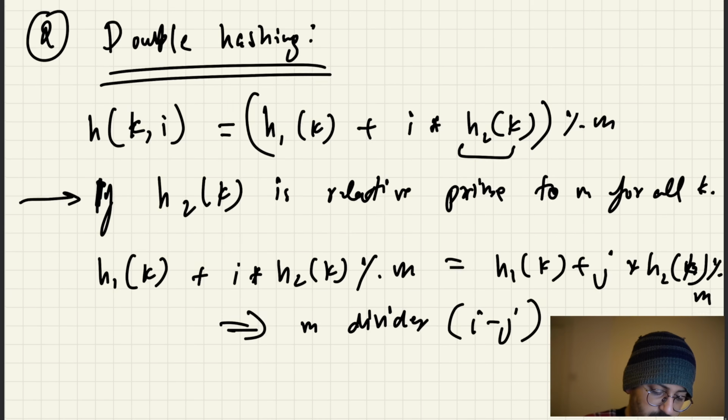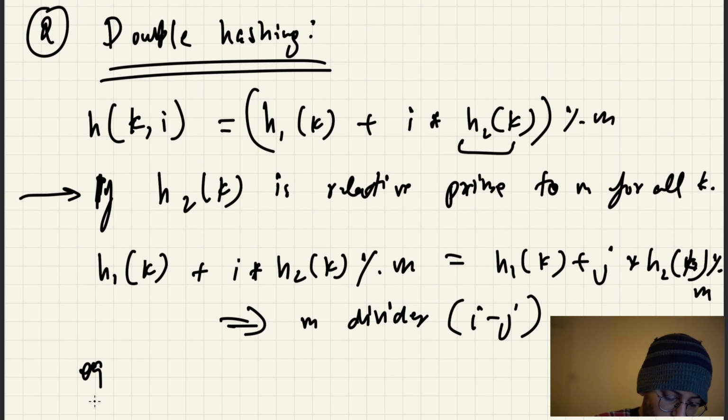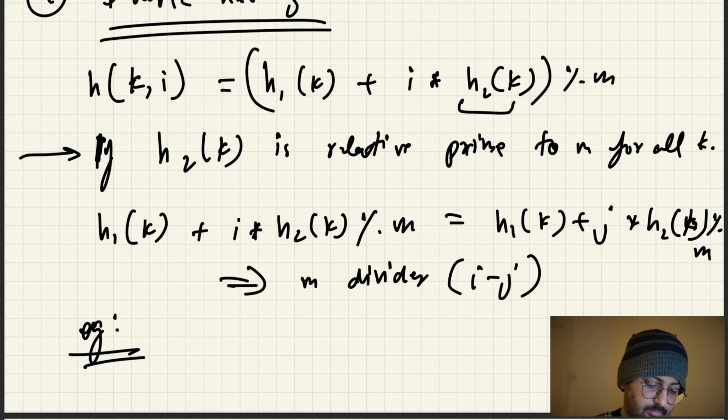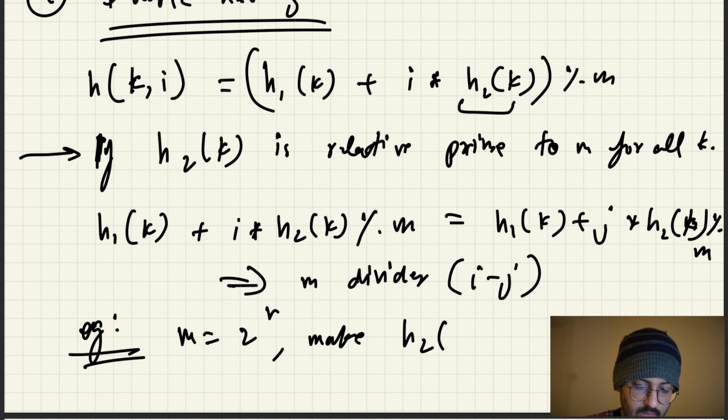Okay, so for example, here I can say that m is equal to, let's say, 2 raised to power r. So if you make the second key always odd.